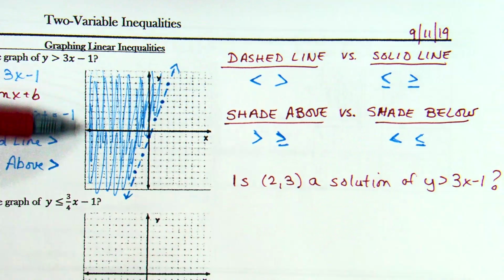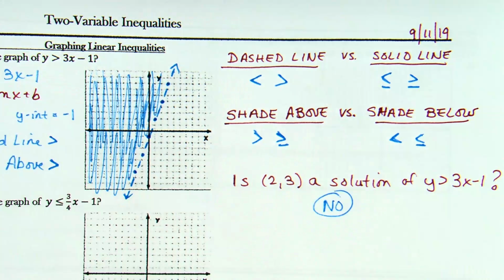Now, Zephanie, you said you plugged it in, meaning in the ordered pair 2, 3, x is 2 and y is 3, yes? So if you don't have a graph, this is your best plan, and that is plug the values in.